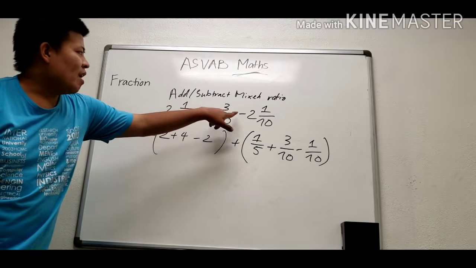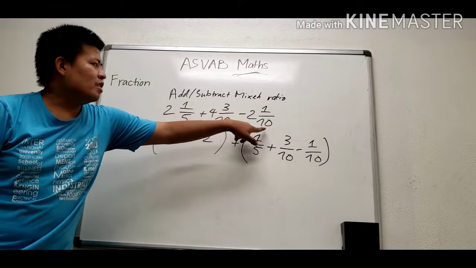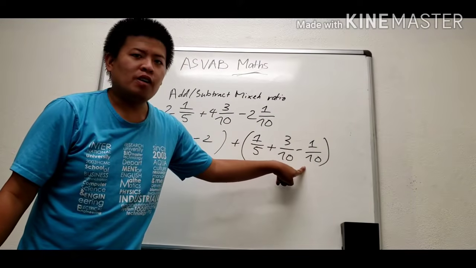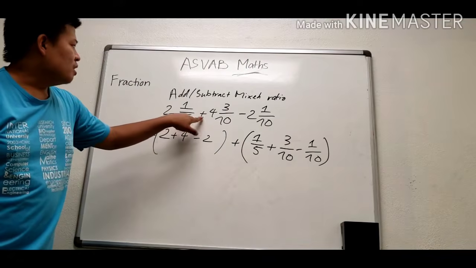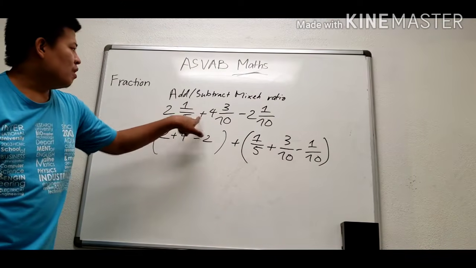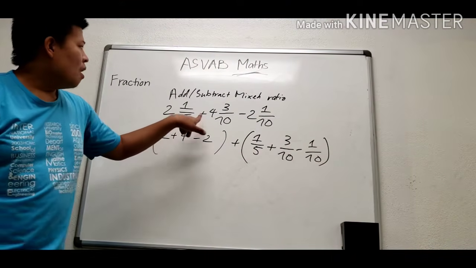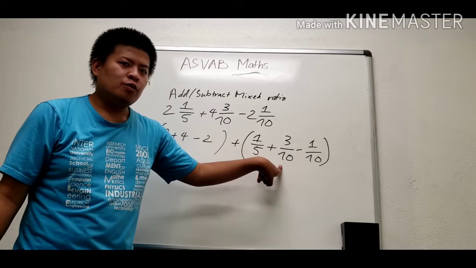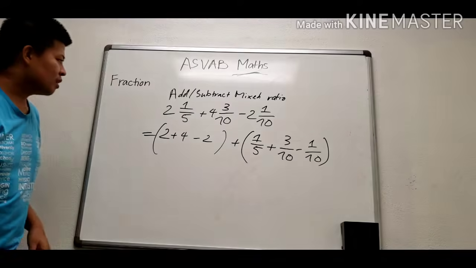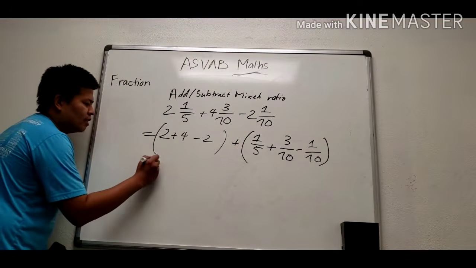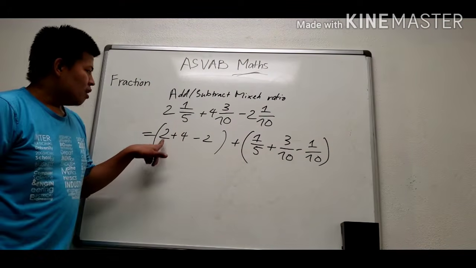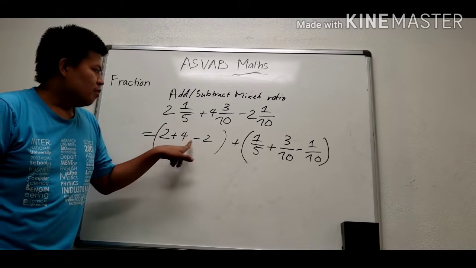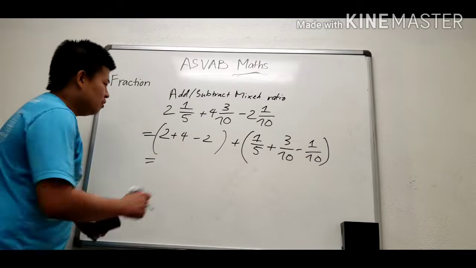If we have minus 2 and another minus 1 over 10, and positive 4 and plus 3 over 10, the signs go along too. So let's calculate. 2 plus 4 is 6. 6 minus 2 is 4.